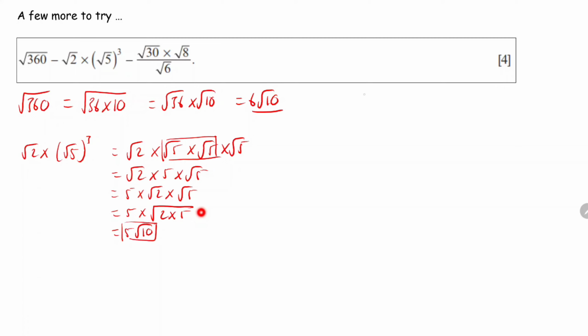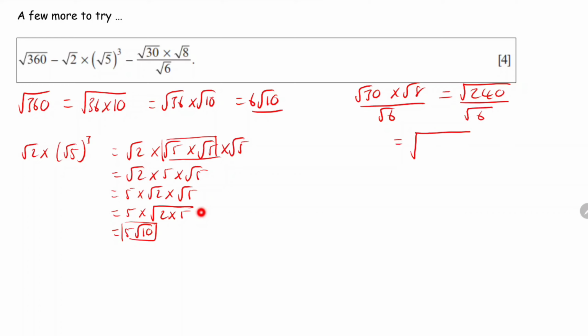Third term, we have root 30 times root 8 over root 6. We can do 30 times 8, which is 240, over root 6.